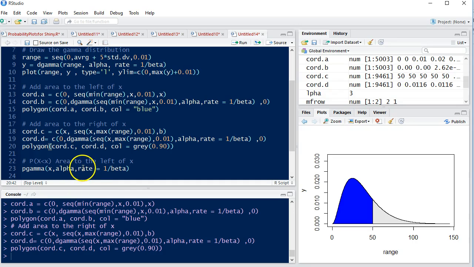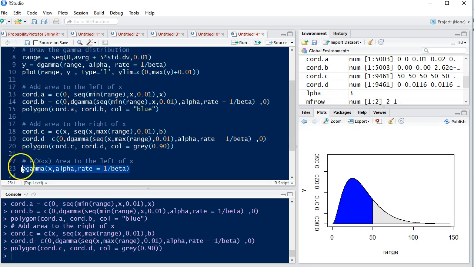All the different software and different fields parameterize the gamma distribution slightly differently. Some use what's called the rate parameter and some use a scale parameter. We're using a scale parameter, so that's what beta is. However, we need to define in R the rate parameter, which is simply 1 over the scale parameter. So here it's just 1 over beta. So you can just follow along with this format whenever you want to do it on your own.